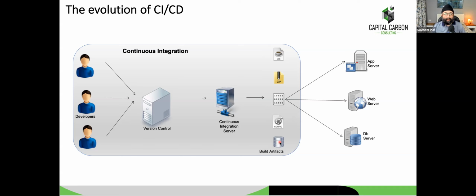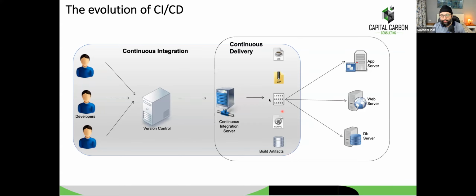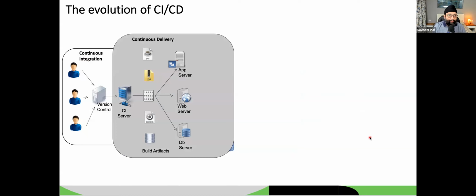So this part, from the developer working on a change to the continuous integration server producing build artifacts, that's called continuous integration. And then the next part, where these artifacts are deployed onto these servers or the payloads, that's called continuous delivery. Now, let's move ahead and see how the evolution of continuous delivery came about.